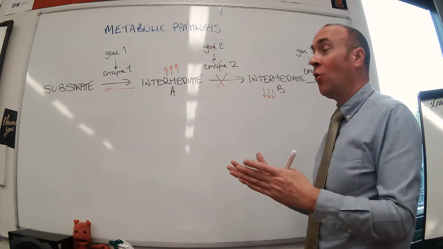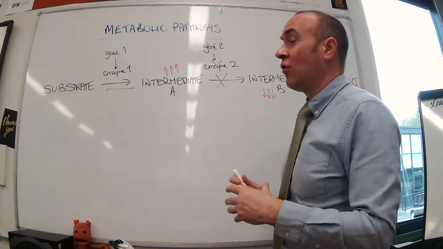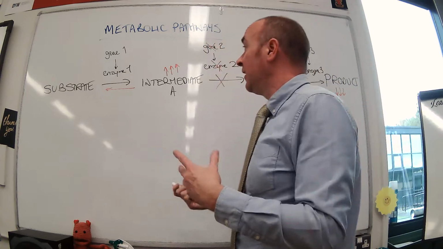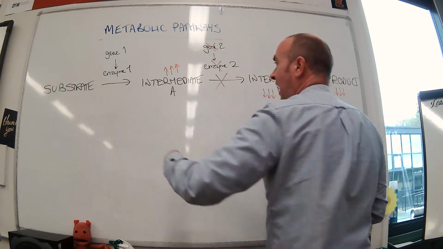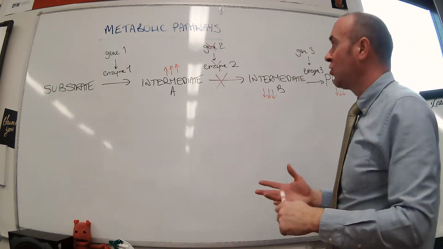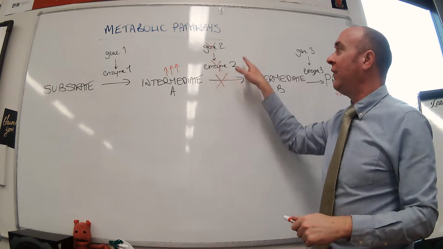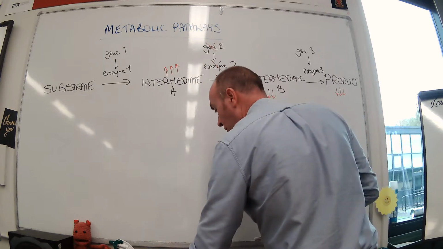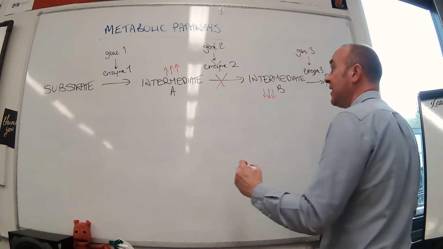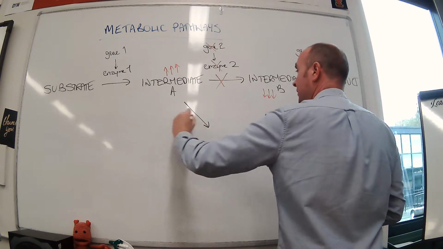Now that doesn't always happen. Often reactions are not reversible and therefore that's not a solution. So in that particular case, the cell still has another way to get around not having enzyme 2 working properly. What it will do is employ another enzyme, in this case enzyme 4.